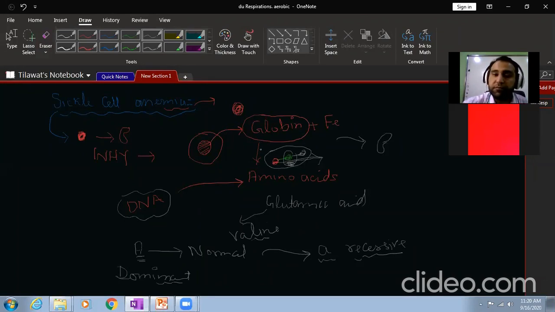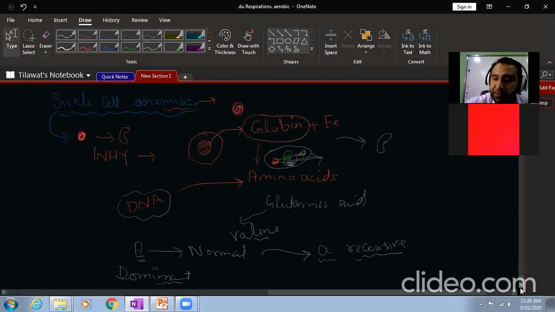Now, what problems will these people face? Remember, the first thing is this red blood cell becomes sickle shape. Normally red blood cells are flexible. They can squeeze and they can flow through the capillaries easily.